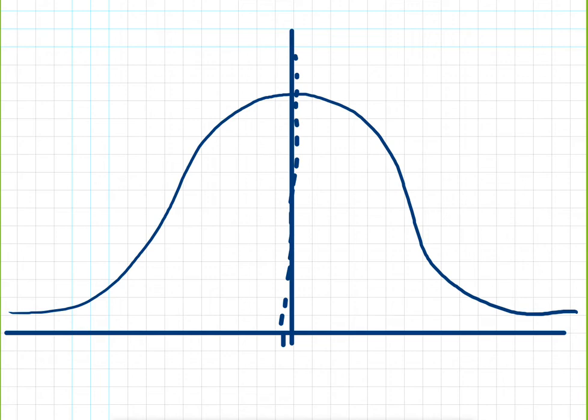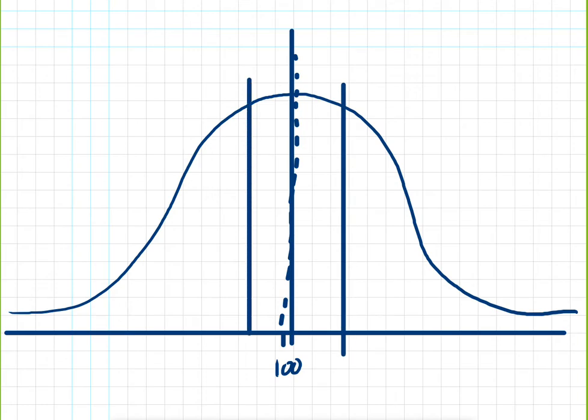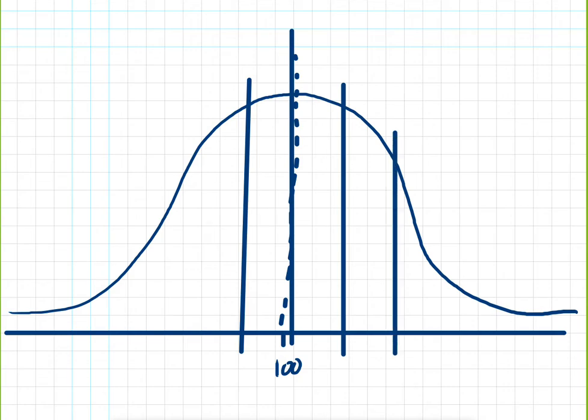IQ is actually built like this. The average human being's IQ is, I believe, around 100. And then IQ goes one way or another, right? So you'll have people who have IQ between 100 and 110, and 90 and 100, okay? And then between 110 and 120, and 90 and 80.